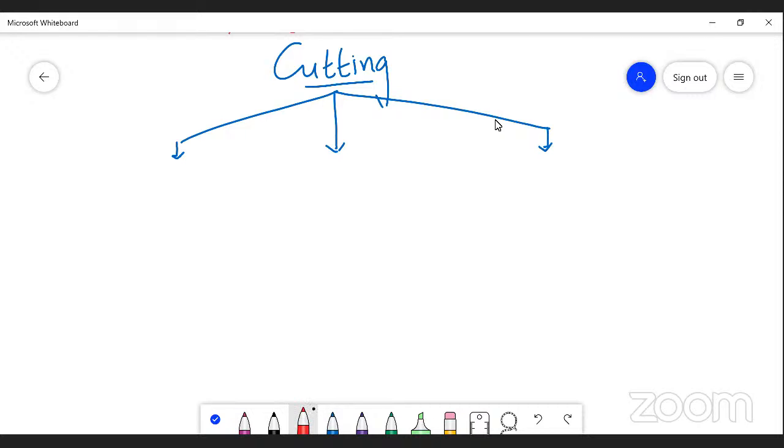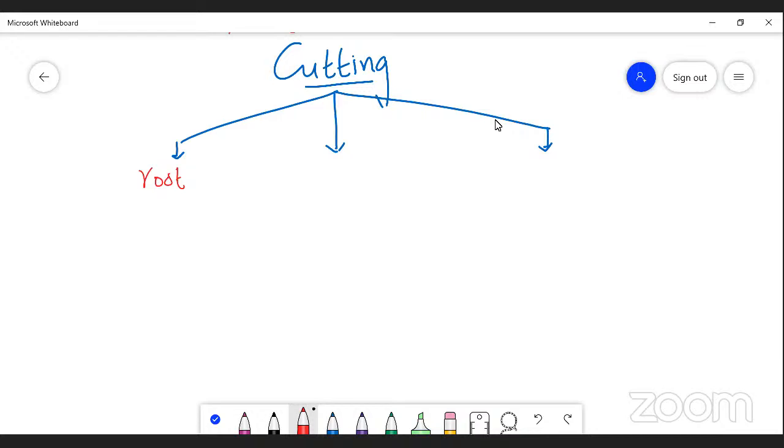So the first type is root cutting. I am talking about types of cutting. Cutting is nothing but a piece of plant part, either root or stem or leaf, which is cut into pieces. The pieces are placed in suitable soil in order to grow, to emerge a root system and shoot system along with leaves and branches.